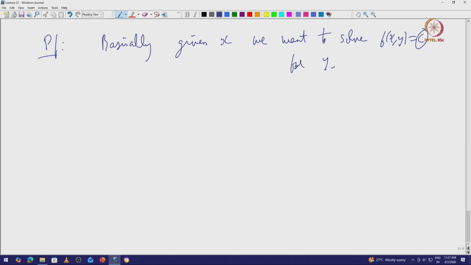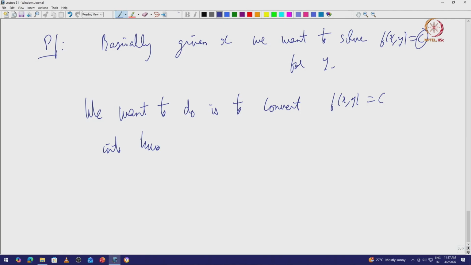So what we want to do is to convert f of (x, y) equals c into two equations, where one of them is used to solve for x.